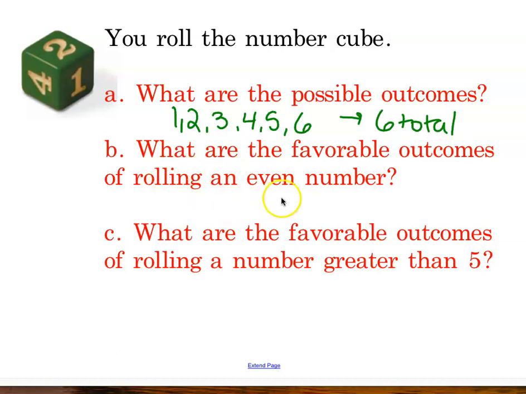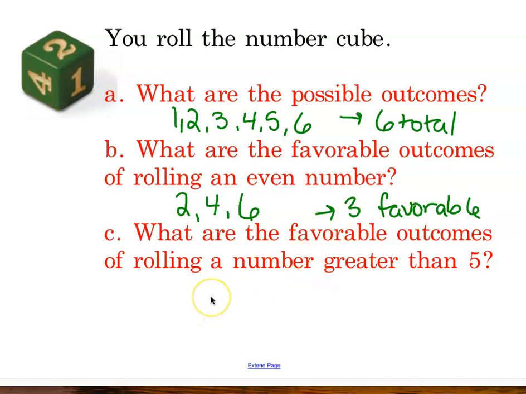What are the favorable outcomes of rolling an even? So if you wish to roll an even, the ones you want are a 2, a 4, and a 6. There are 3 favorable. Okay? The favorable outcomes of rolling a number greater than a 5 is just a 6, right? There's only 1 favorable.